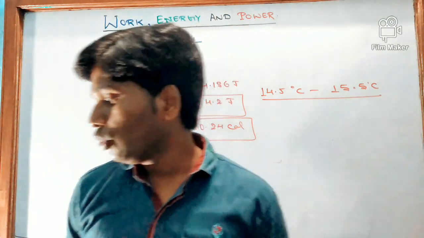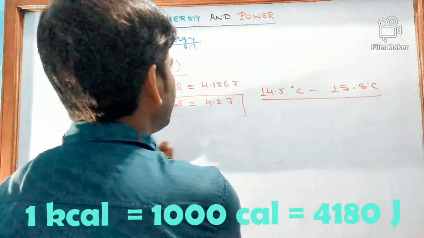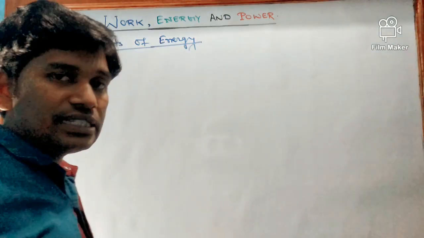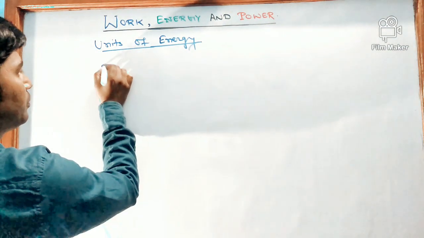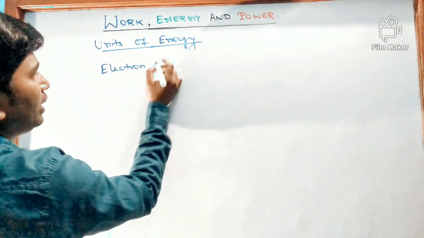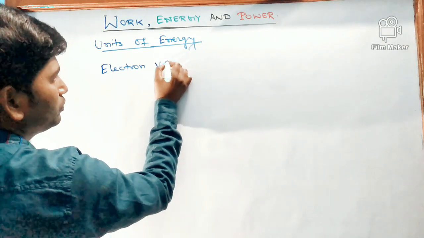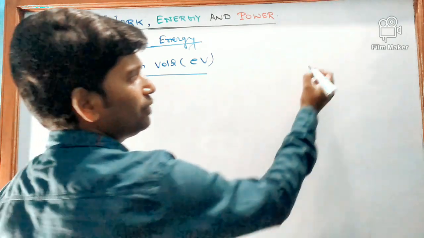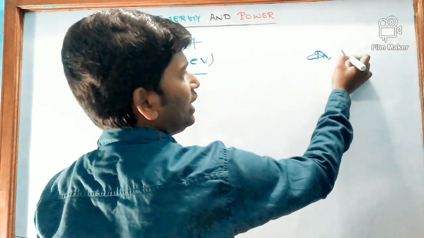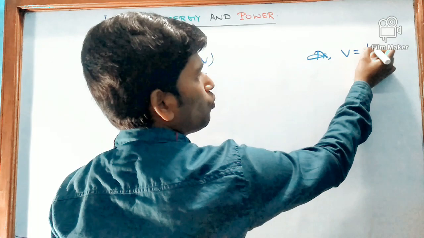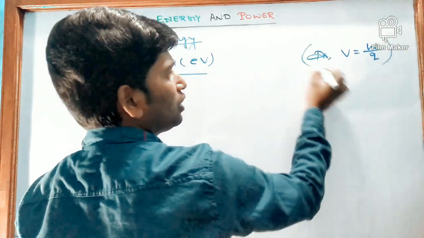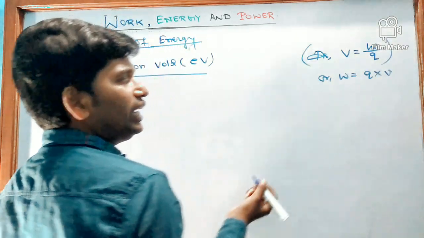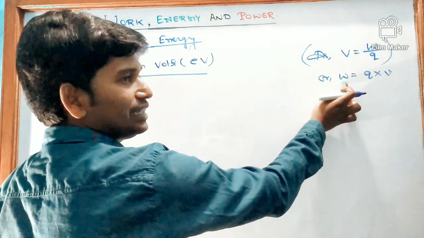We can also talk about one more unit for energy, that is electron volt. So what is electron volt? To understand this, first we know that electric potential is equal to work done per unit charge. This work is again Q into V. As I said, work is equivalent to energy.